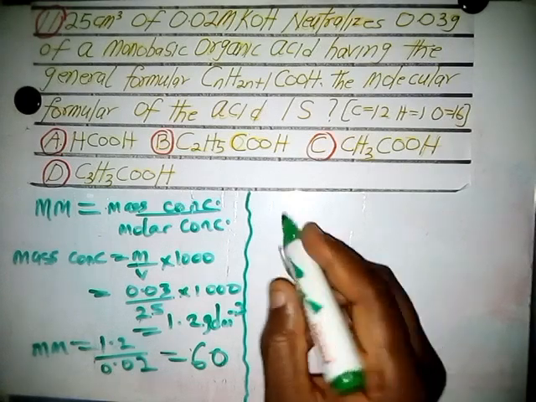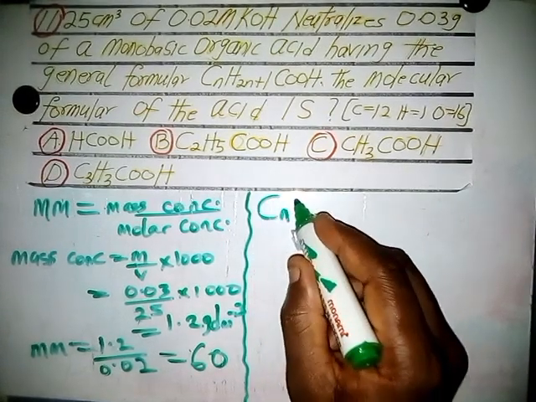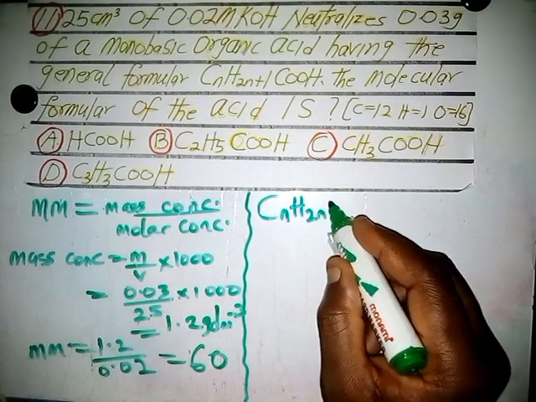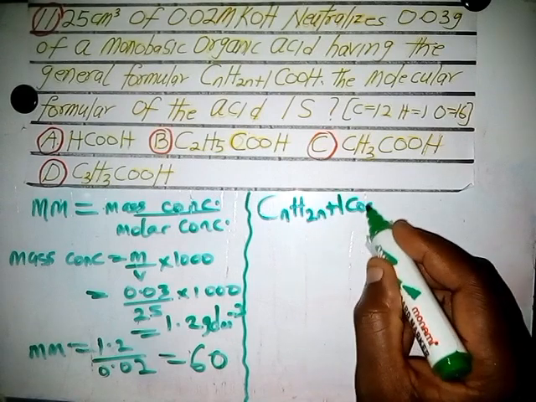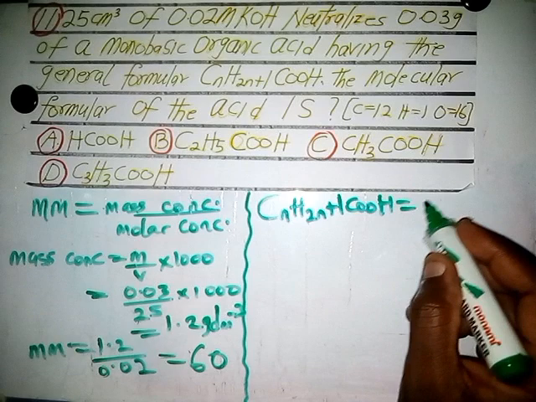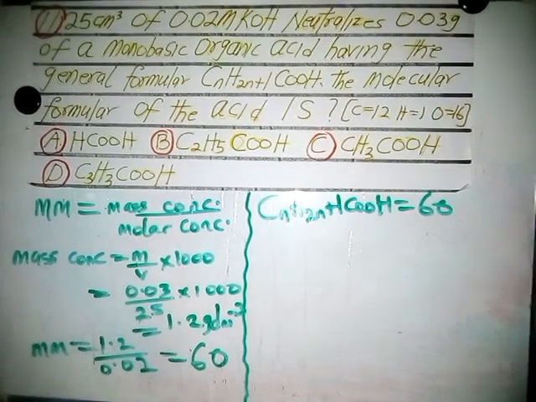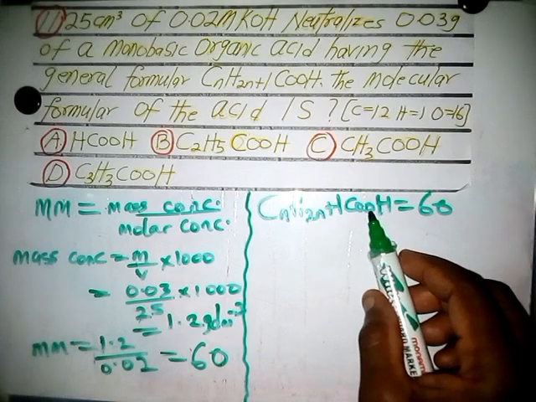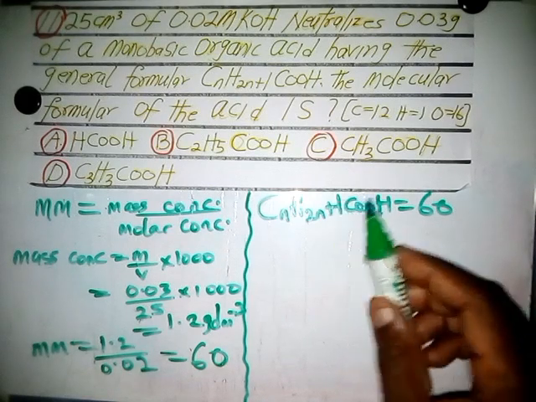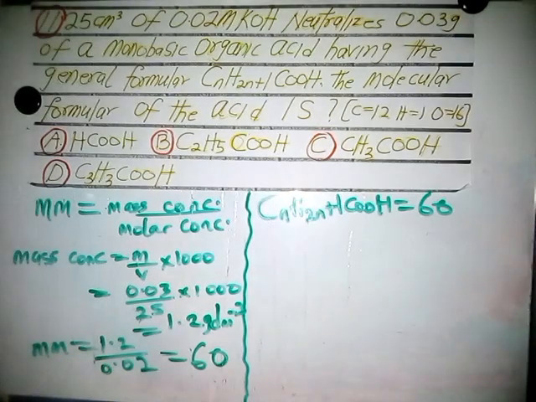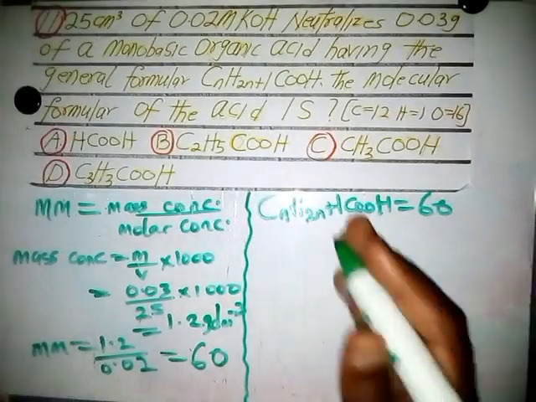So this is like saying CnH2n+1COOH equals 60. Here you have to be careful so that you don't make a mistake. Remember, hydrogen is 1, oxygen is 16, carbon is 12. But first of all, let me split everything.